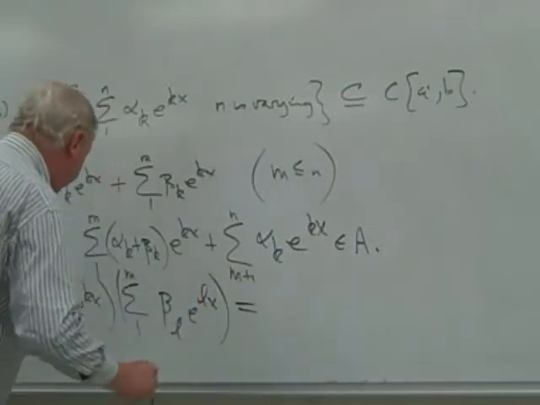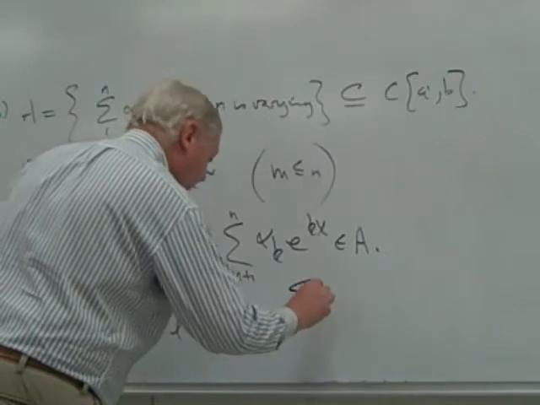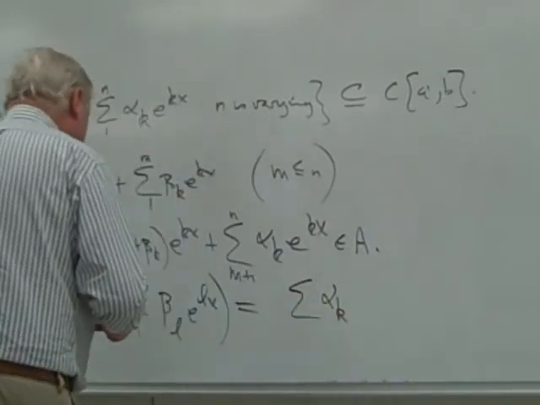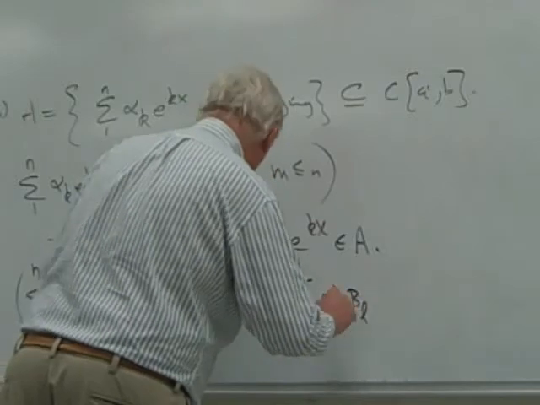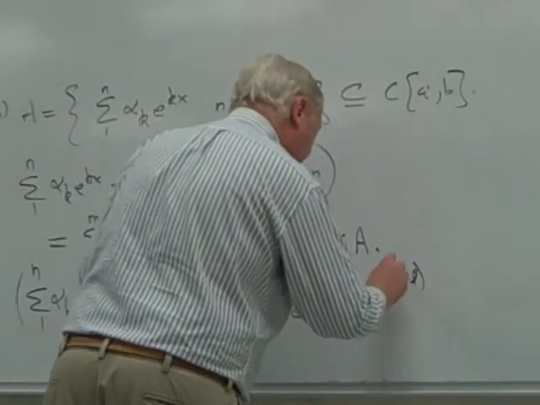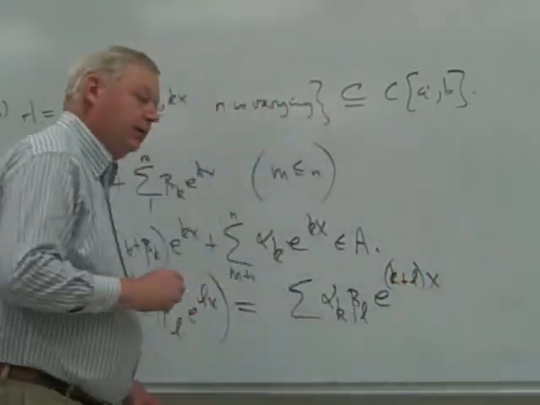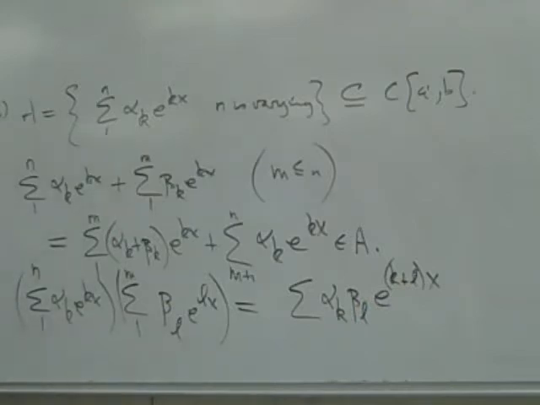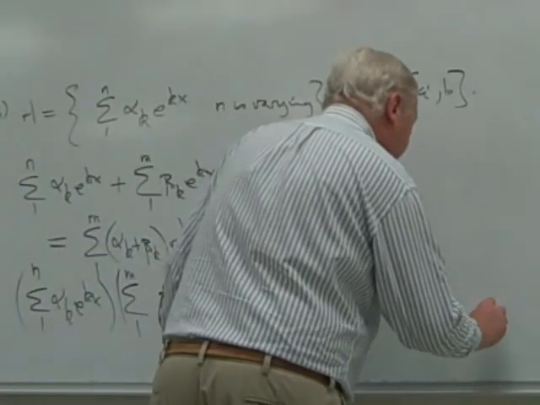When you multiply these together, this is the sum of alpha k beta L times e to the (k plus L) times x. So when you multiply together a linear combination of exponentials by another linear combination of exponentials, out comes a further linear combination of exponentials. So that says that when you multiply two things in A, you remain in A. So A is an algebra.